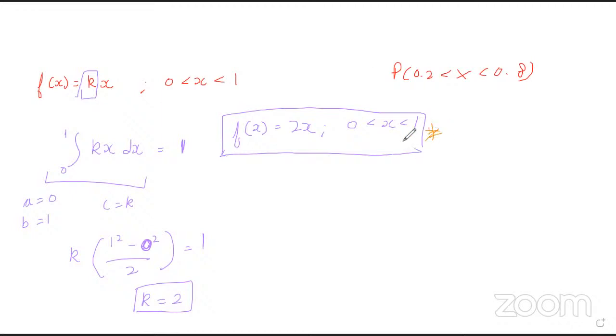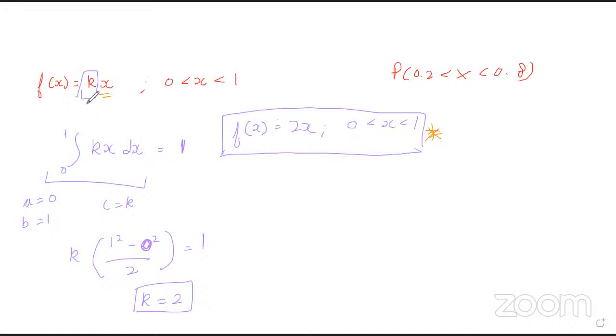Can't we apply the formula 1 over b minus a here? No, because this is not a uniform distribution. In a uniform distribution PDF, we only have a constant, but here the constant is multiplied by a variable x as well. So you cannot use the formula 1 over b minus a.